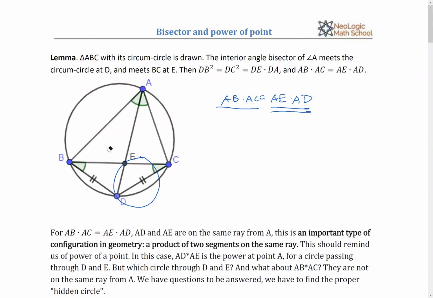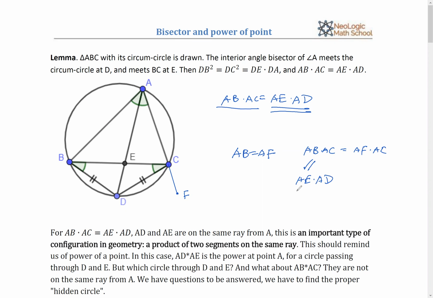So if I extend AC to a point F such that AB equals AF, now AB times AC equals AF times AC. That is power of a point at point A, right? And that also equals AE times AD.